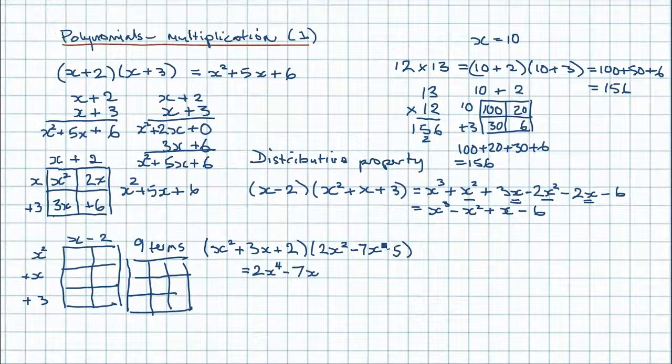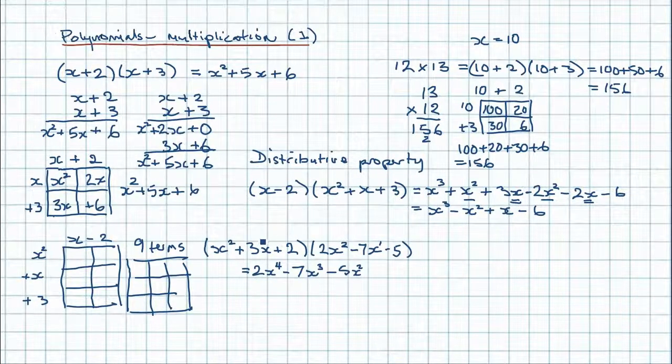If you like, an invisible 1 here might help you think about this. Okay, so that's minus 7x cubed. So now we've got to multiply the first term by this last term here. So we've got a negative 5 and an x squared. So that's going to be negative 5x squared. We're a third of the way through.